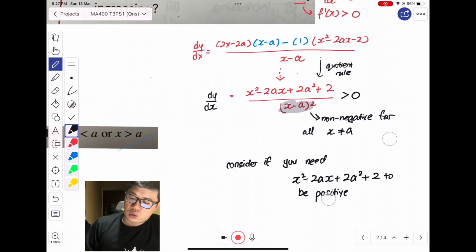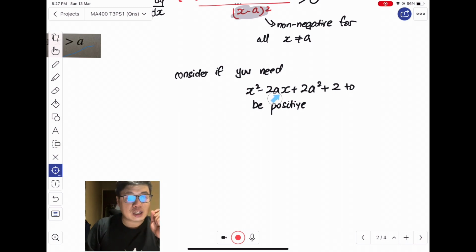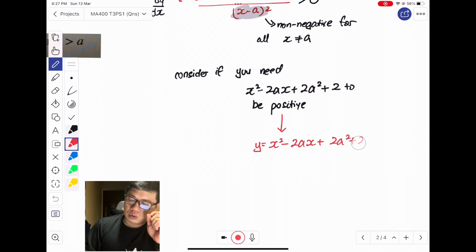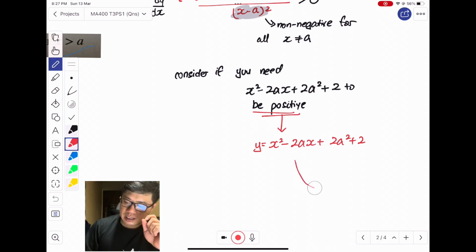All right, what we do is we think a bit about the graph of this. Consider y equals x squared minus 2ax plus 2a squared plus 2. If it is positive, it tells you that this graph has to be above the x-axis.